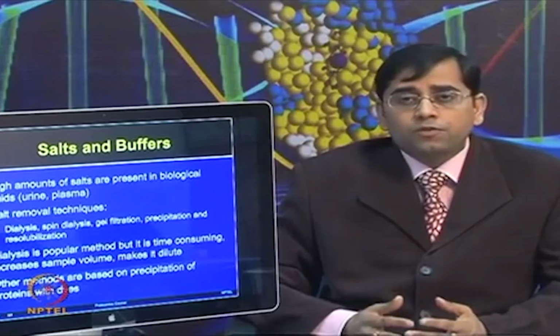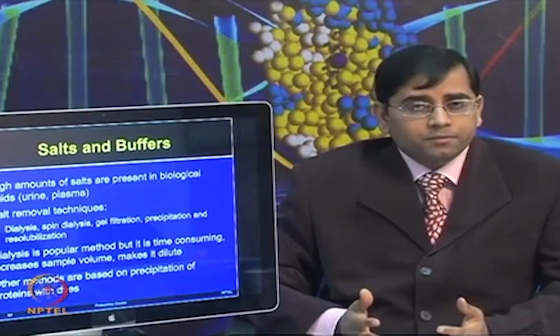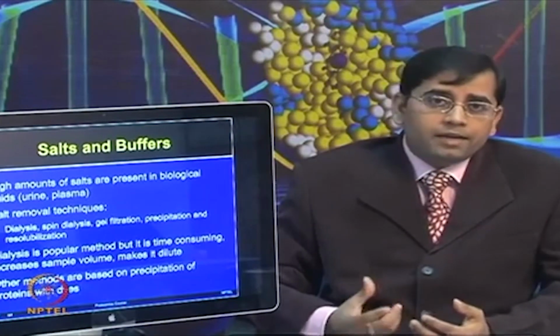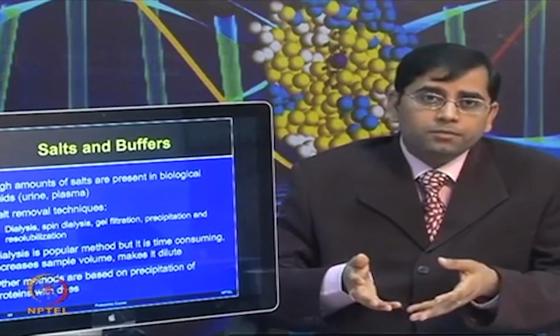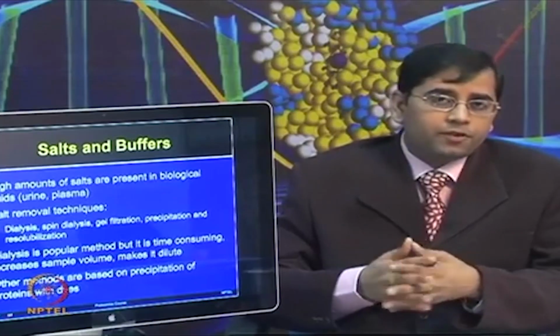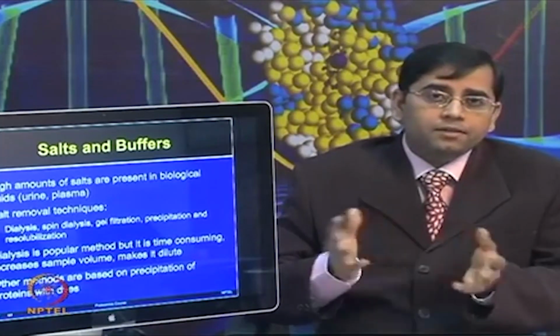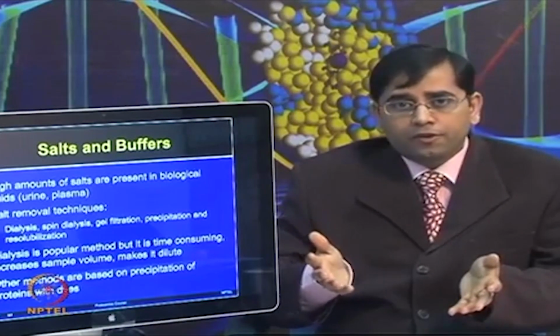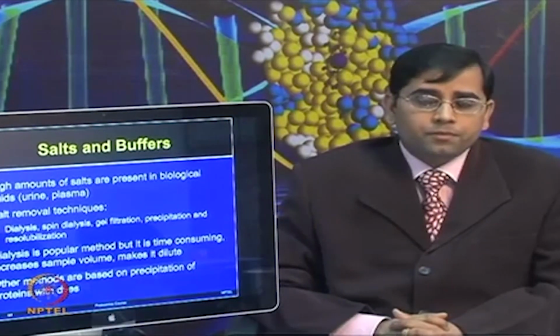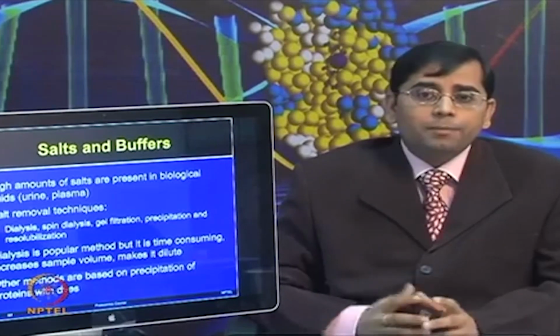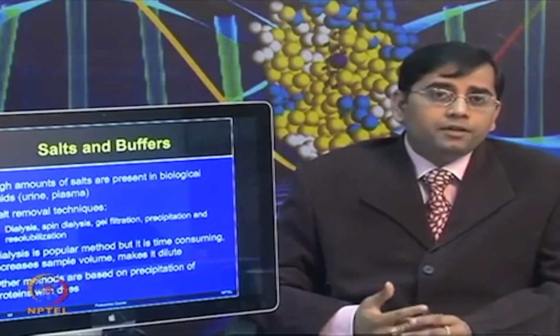Dialysis is one of the most commonly used methods, in which you add your sample, the protein along with salt or other interfering components, in a dialysis membrane, and in water or a different buffer condition, the salt can slowly be eliminated. The only problem here is that your sample volume can become very dilute.